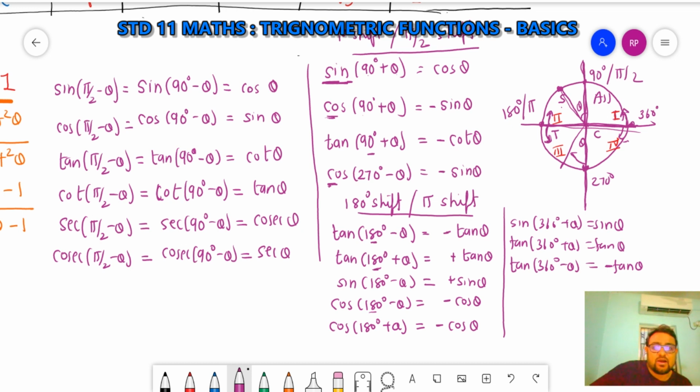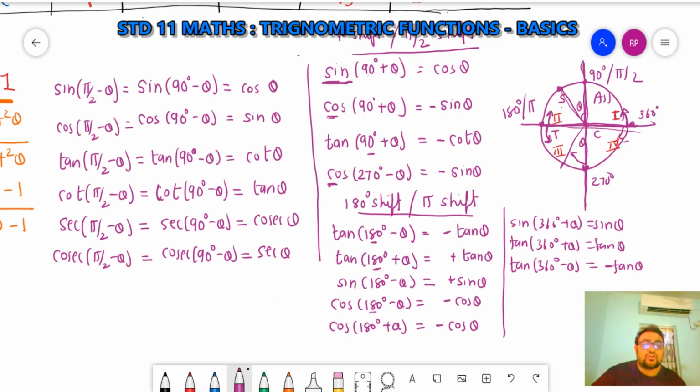So this is about the 90 degree shift and the 180 degree shift. For 90 degree shift, whatever it is, 90 minus theta, the function will change, but with a positive sign. For 90 plus theta, you need to check the quadrant for negative or positive, and again the trigonometric function will change. Whenever there is a 180 degree shift, the trigonometric function will not change.